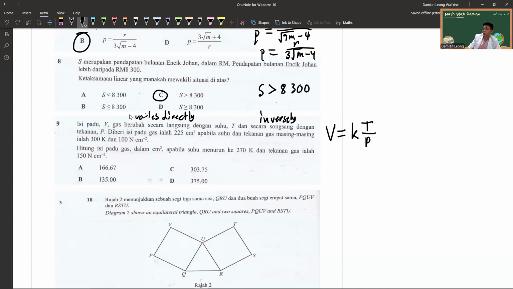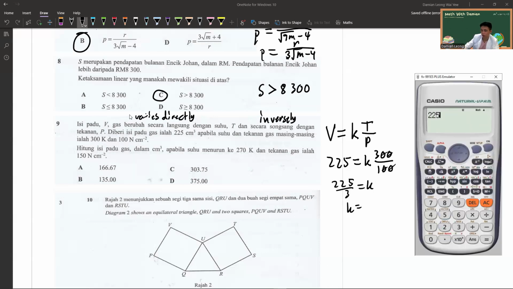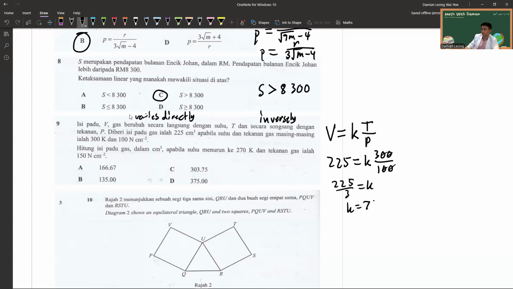So I'm given volume is 225 when the temperature and gas pressure are 300 and 100. So temperature I put 300, pressure I put 100. I can cut the zeros here, then we get basically 225 over 3 equals K. 225 divided by 3 is 75.